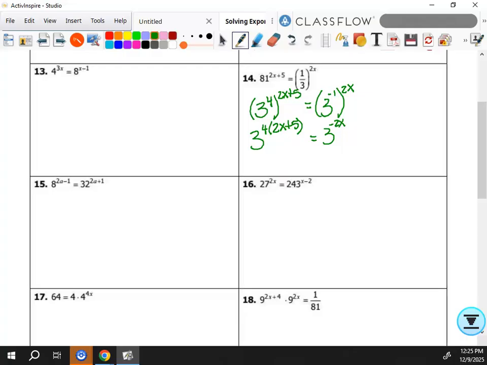Now you can drop your 3's. I'm going to distribute that 4. Hopefully I can do it correctly this time. 8x plus 20 equals -2x. So 20 equals -10x. x equals -2.